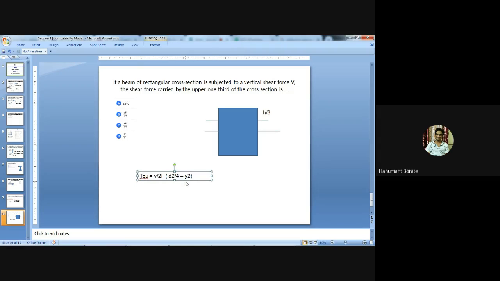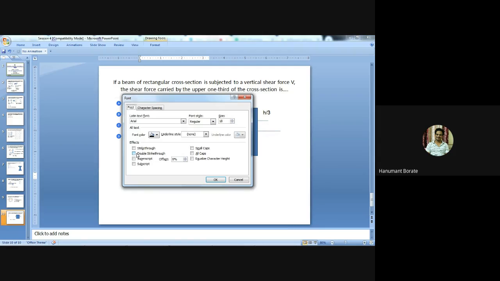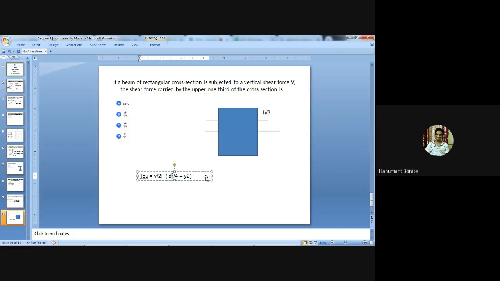Now in this equation we need to put the value of y equal to, sorry, value of y equal to 2h by 3 and the value of d we can take here h.